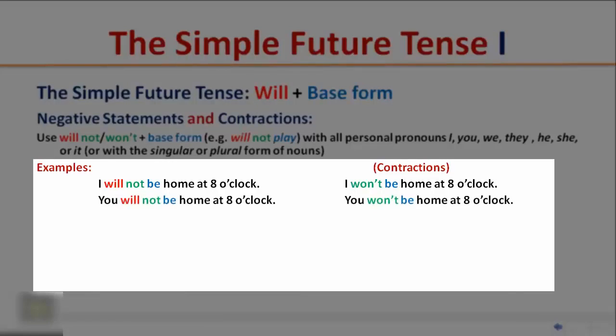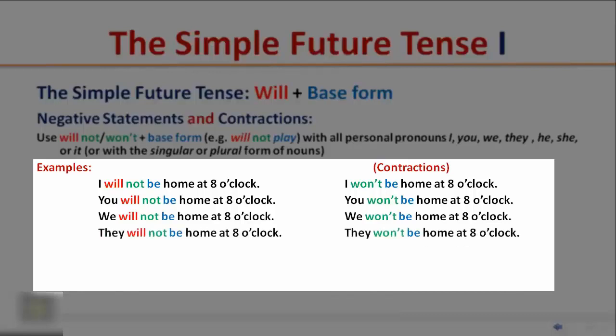You will not be home at 8 o'clock. You won't be home at 8 o'clock. We won't be home at 8 o'clock. They will not be home at 8 o'clock. They won't be home at 8 o'clock. He will not be home at 8 o'clock.